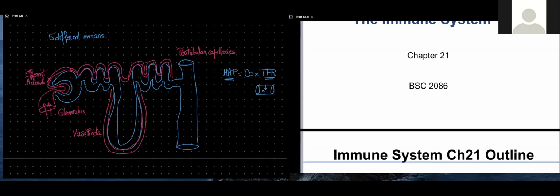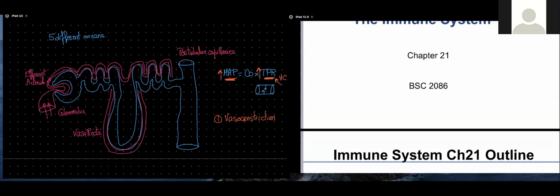The first action of angiotensin II will be to perform constriction of the arterioles. Here, I'm performing vasoconstriction, and as I perform vasoconstriction, this increases my total peripheral resistance, and as a result, I will have an increase in my mean arterial pressure.